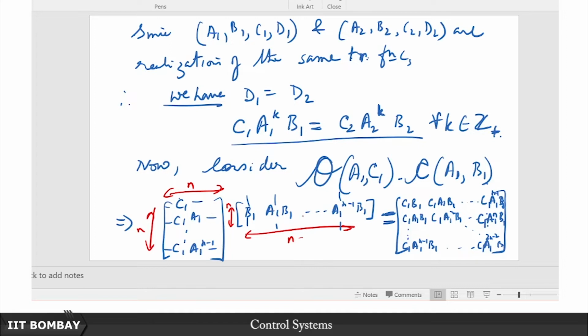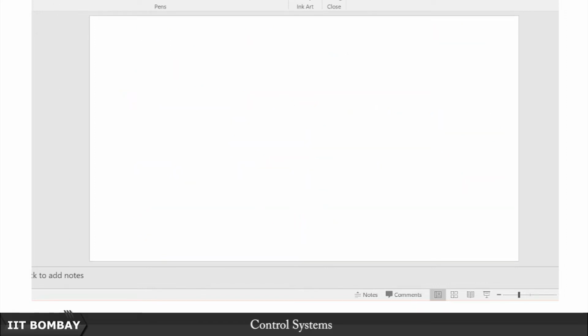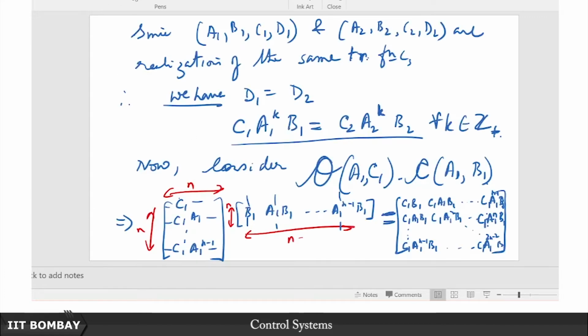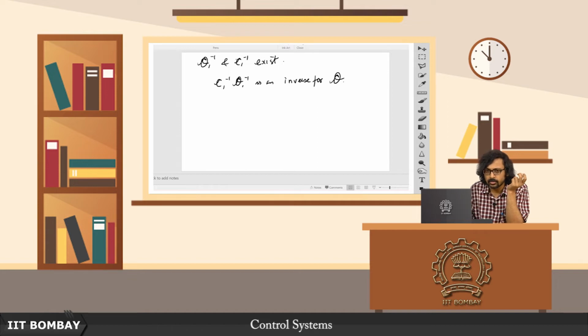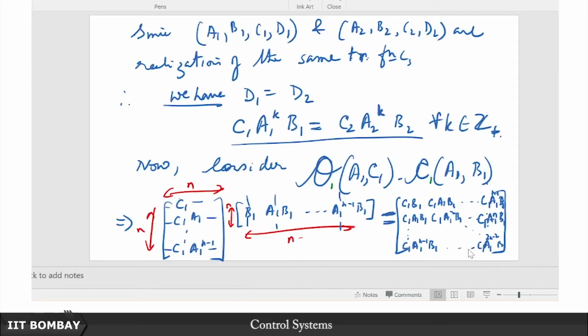And now if both of them are invertible, then clearly, let me call this O1 by the way, O1 and C1, so O1 inverse and C1 inverse exist, right? They clearly do. So therefore, C1 inverse O1 inverse is an inverse for O1 C1. That is the matrix we have just written here.